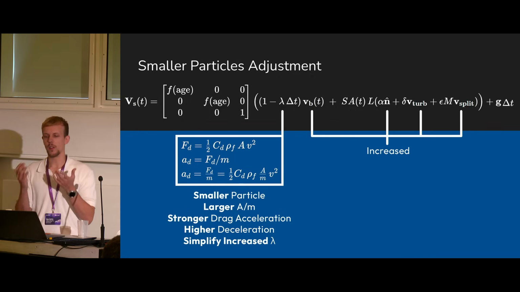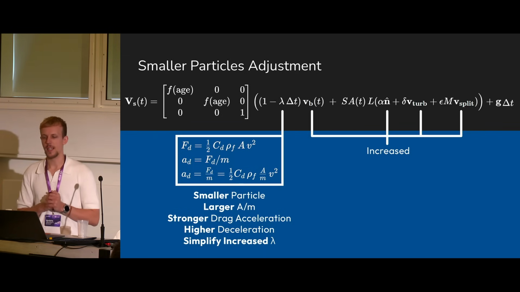So we increase velocities like the boat velocity, just manually scale that up a little bit, as well as the scaling factor for the normals of the hull, the random values, and the split values as well. And there's even an option to really control the drag coefficient a little bit. If particles decrease in size, they usually encounter a higher deceleration.